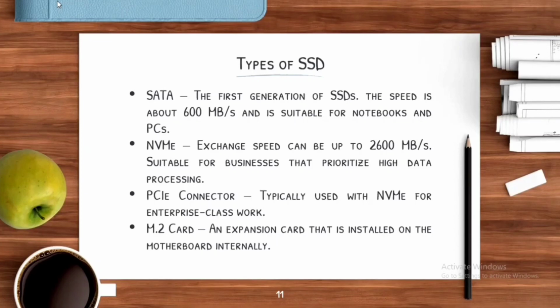Number 3. PCI connector, typically used with NVMe for enterprise class work. Number 4. M.2 card, an expansion card that is installed on the motherboard internally.